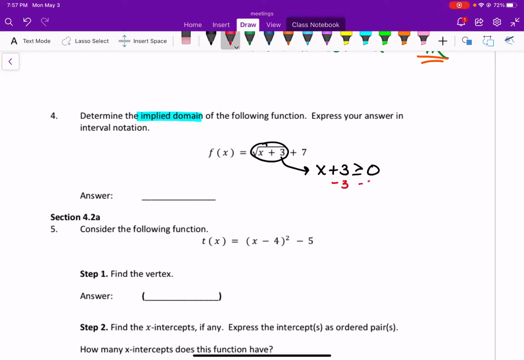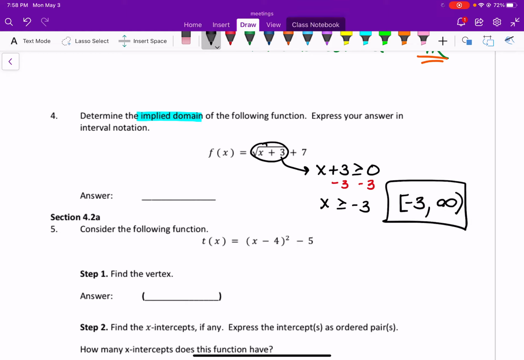So we're going to solve for x. So I subtract that 3. So x is greater than or equal to negative 3. Since it is greater than, that means it's going out to the right. So we're going to start at negative 3, and it is going to go out to infinity with a parentheses, and this would be our domain.